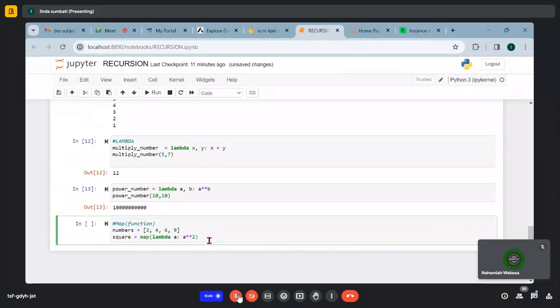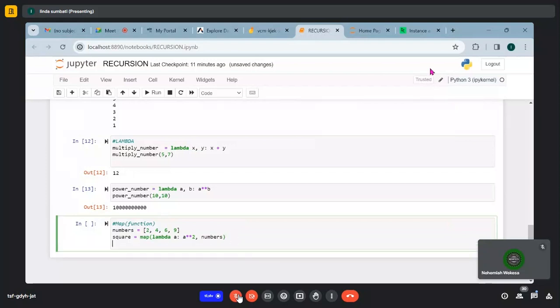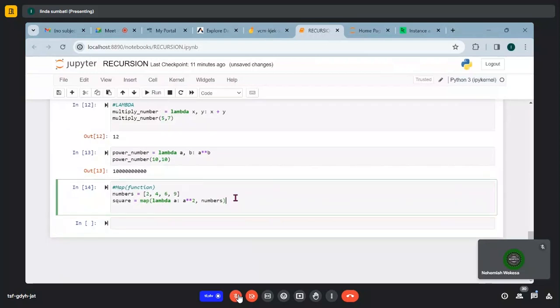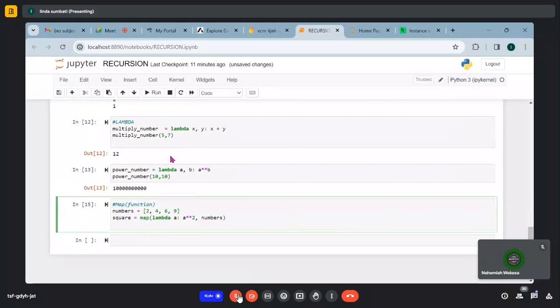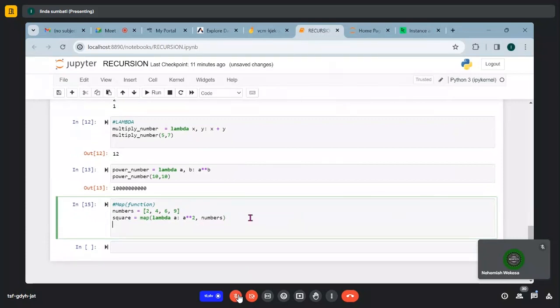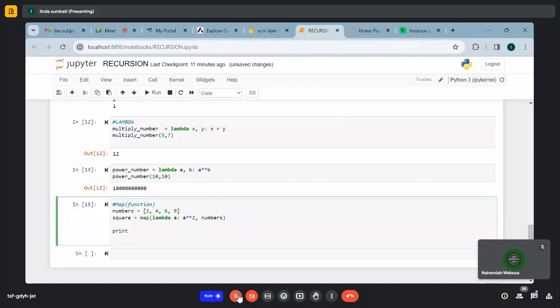Then from there, you place the numbers that it should go through. So let's try and run it. Then we can print the square.